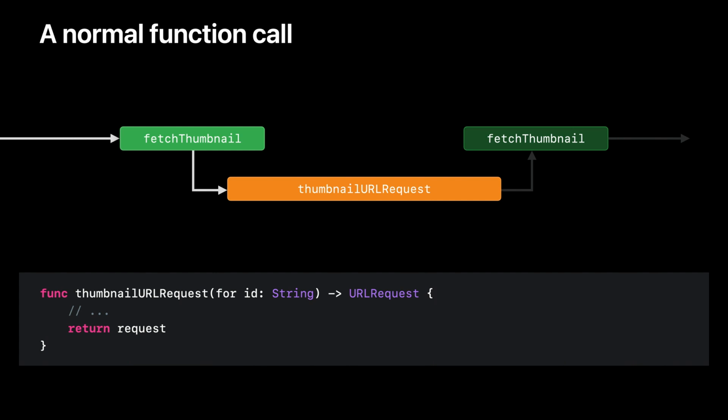That work might be in the body of the function itself or in other functions that it calls. Eventually, that function will finish, either by returning a value or throwing an error. When it does, it hands control back to your function. That's the only way that a normal function can give up control of a thread, by finishing. And your function is the only one it can give control to.